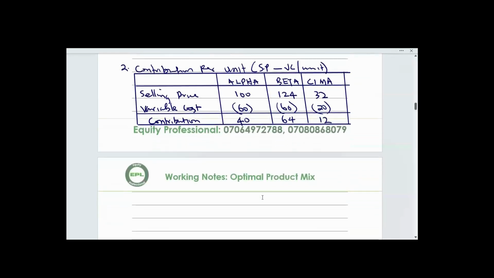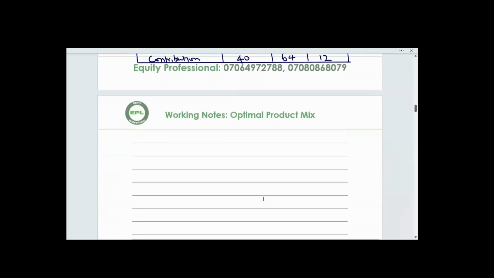So step 3 says you should confirm or check if management has placed priority or given minimum allocation. So in the question, we have been given minimum allocation of 10,000 units across board. So I would then say minimum allocation.